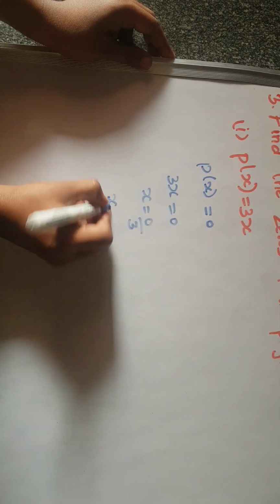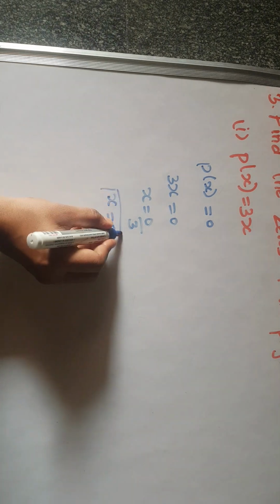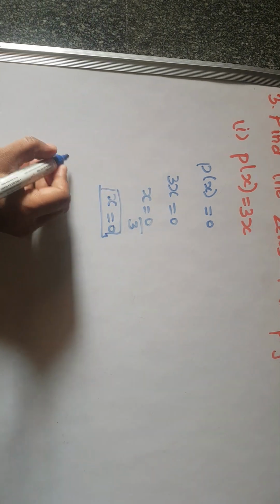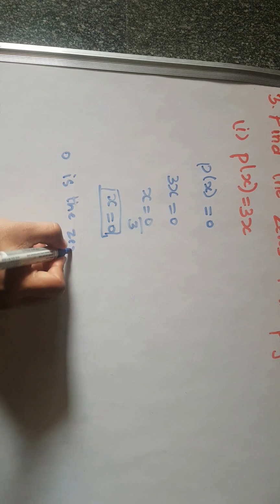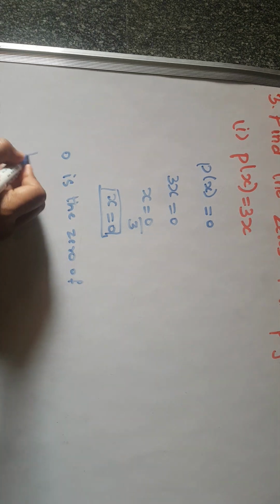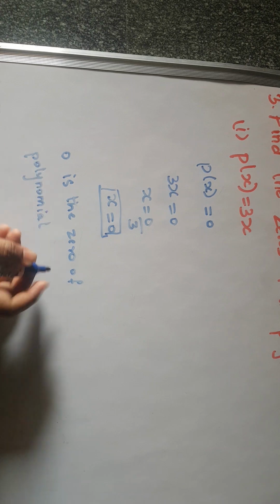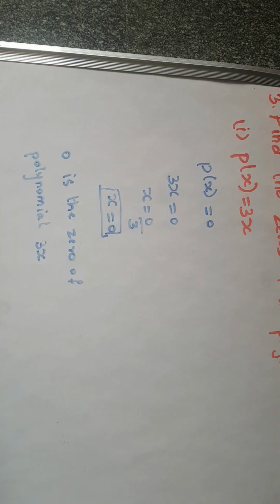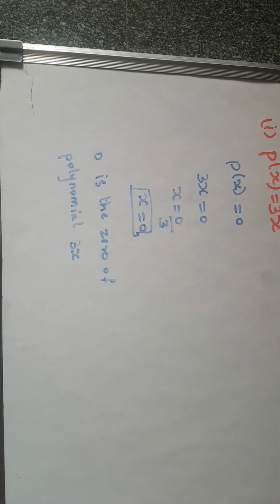This value becomes x equals 0. So 0 is the zero of the polynomial 3x. Then comes the second question.